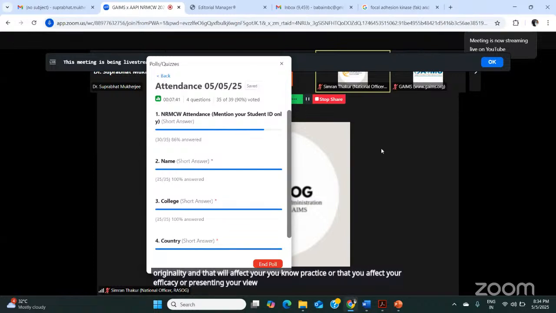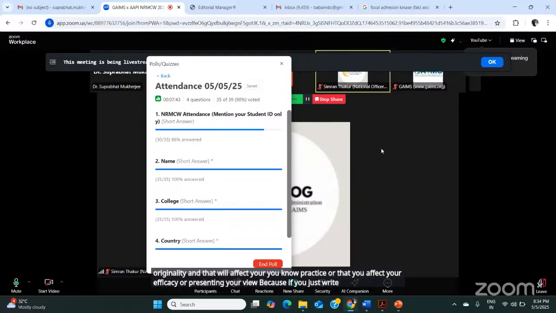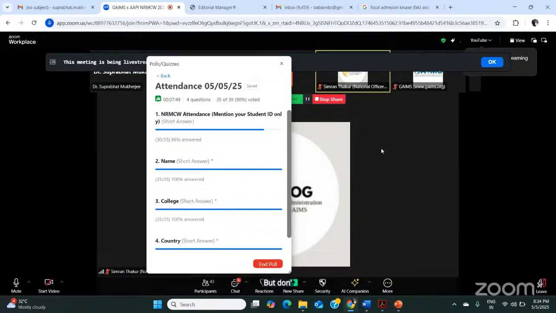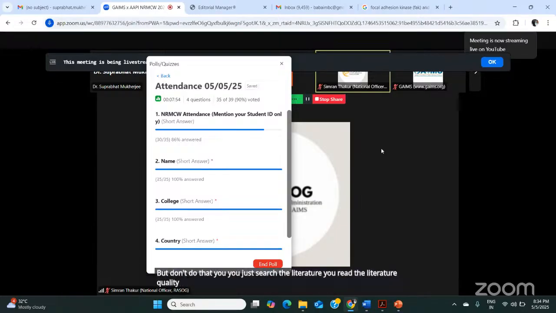Because if you just write something in your AI tool, it will give you the manuscript. But don't do that. Search the literature, read quality literature, then formulate an article. And after publishing, when you see that your article is getting citations, you'll be very happy to see that.